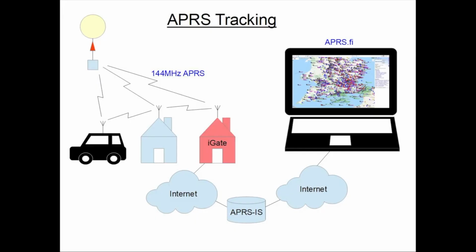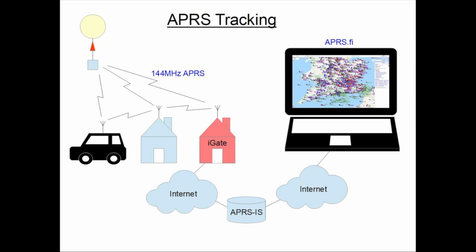I've got a couple of slides here to show the differences between APRS and the Habitat system. In essence, as I understand it, on APRS you transmit from the balloon primarily using 2 meters, and the signal might digipeat in order to get to a gateway, but either directly or indirectly the packets get to an iGate, which then sends its data over the internet to APRS-IS, which sits as a repository.